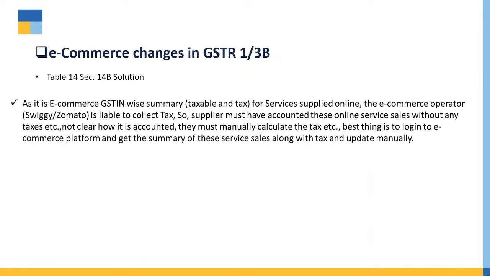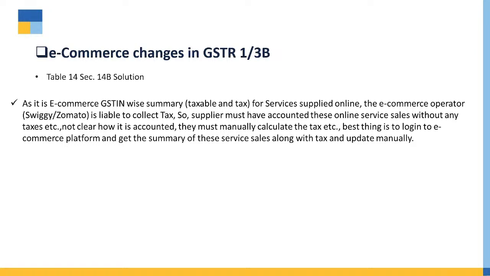So table 14, section 14B solution is e-commerce GSTN, summary taxable and tax for services supplied online. The e-commerce operator, that is Swiggy or Zomato, is liable to collect tax. The supplier must have accounted these online service sales without any taxes, or it is not clear how it is accounted. Maybe nearing the closure of the month, they take the summary of the transactions they have done, so they must manually calculate the tax.